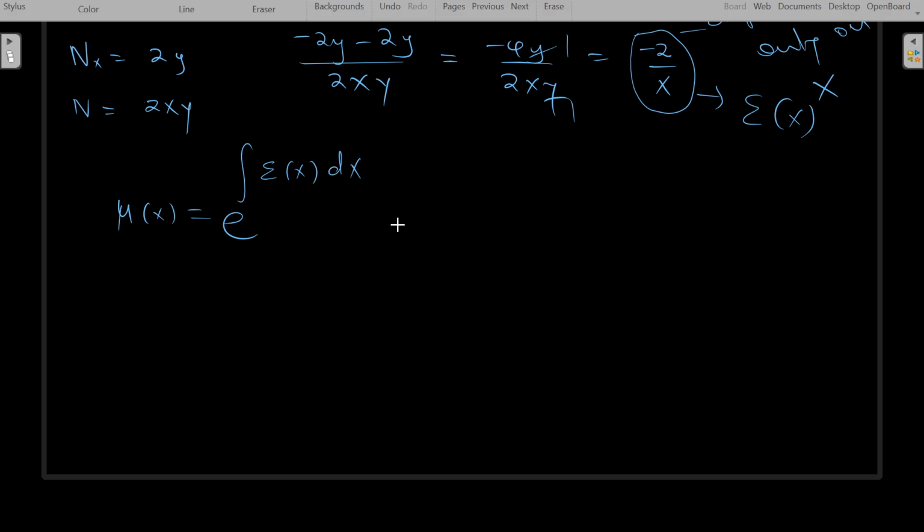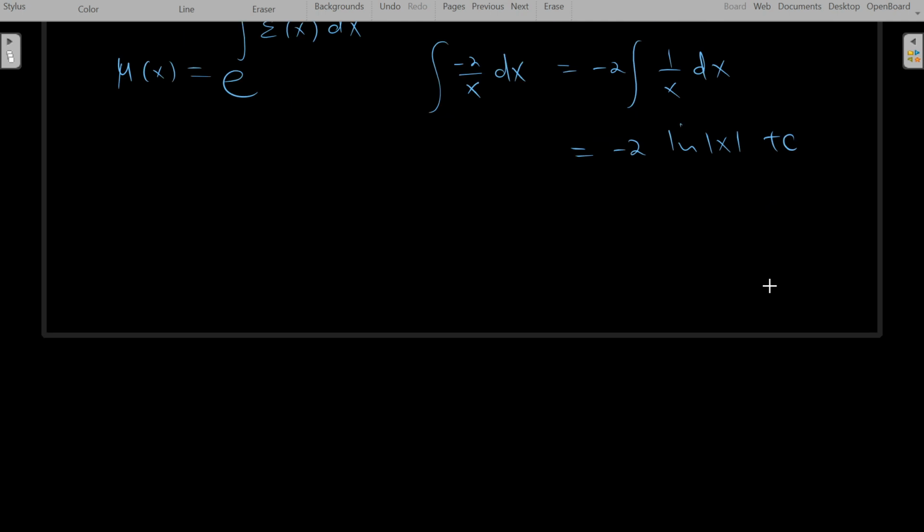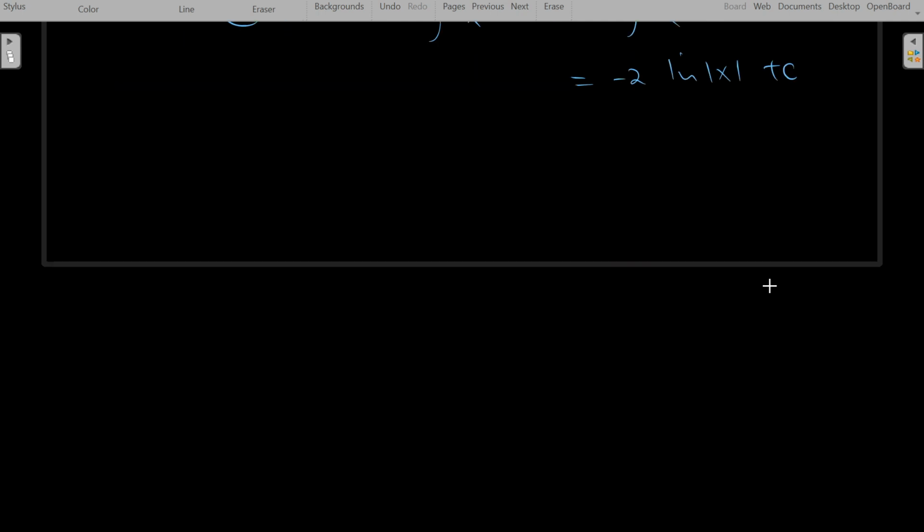So let's perform this integral. The integral of -2 upon x dx. Taking 2 outside my integral, I get the integral of 1 over x dx. So this simplifies to -2 ln of absolute value of x. But keep in mind, we are not including the constant of integration at this point.